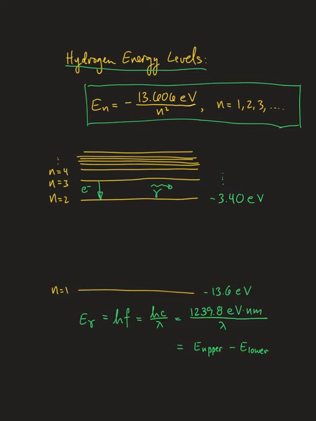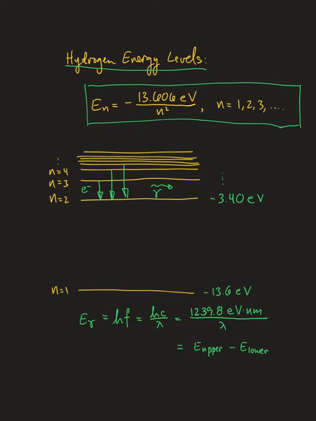Same thing if there's a transition from n equals 4 or above down to n equals 3, that's in the infrared and we also can't see it. But we can see transitions that terminate at n equal to 2, some of them. And so specifically what we're going to be looking at is transitions from n equals 3 to n equal to 2, and 4, 5. These are the ones that we can likely see.